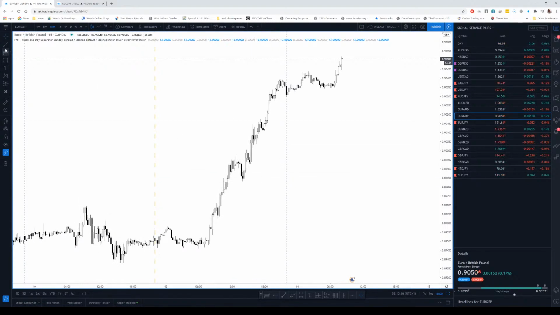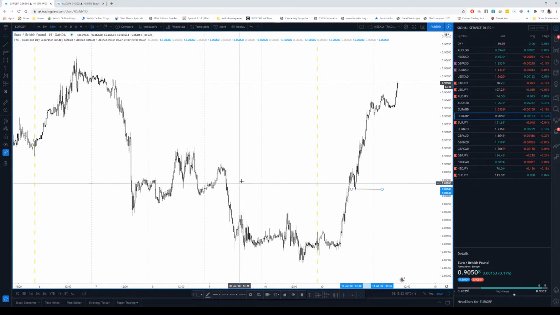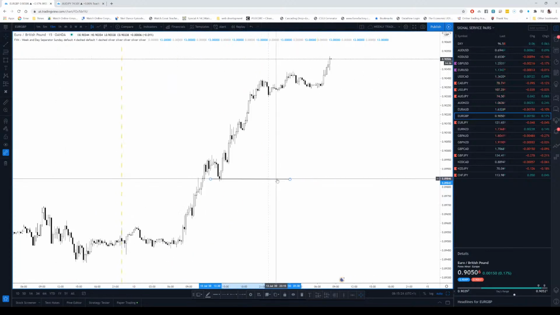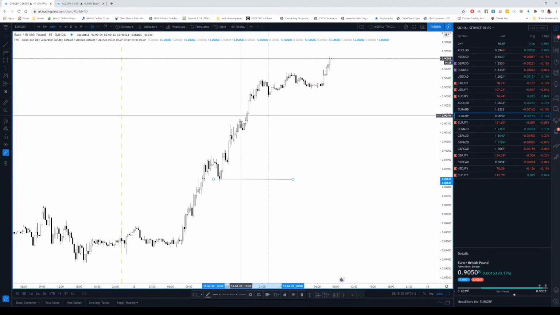What I was suggesting is that if it wants to go down, it needs to break this low, because that was the 4-hour level. So the best thing to do is to place a sell stop, and then sell with the momentum going down. But that didn't happen, and it just continued going up, which is good.